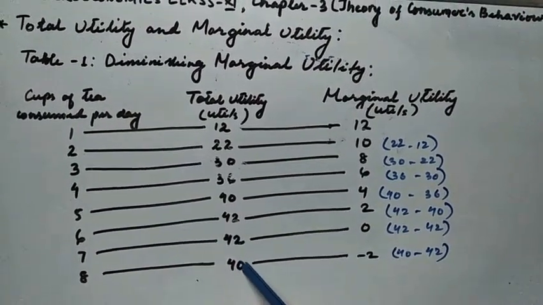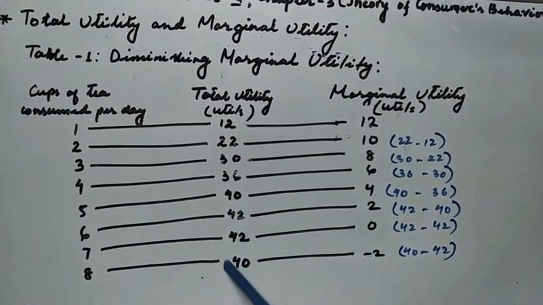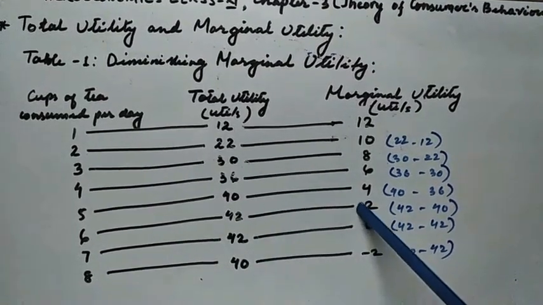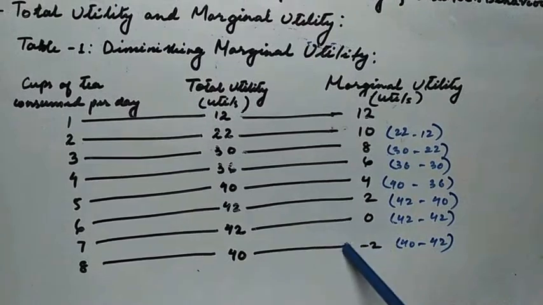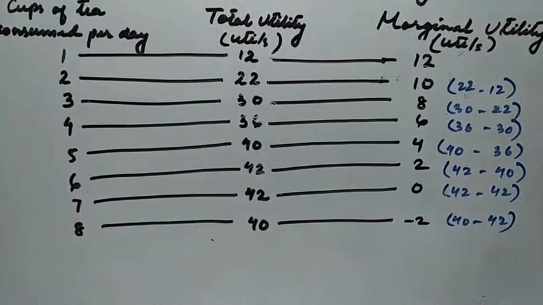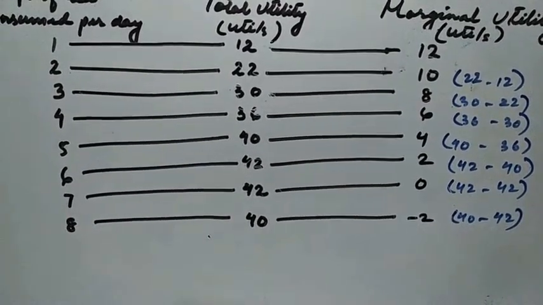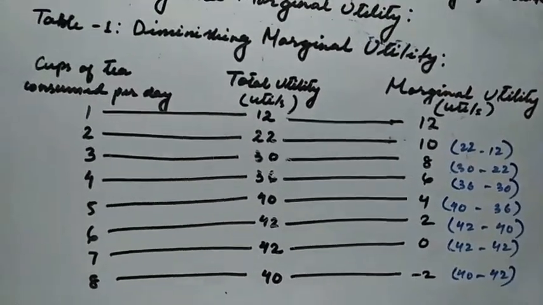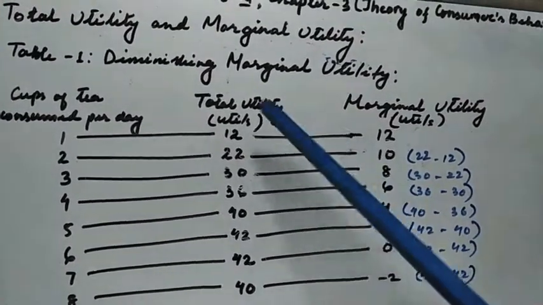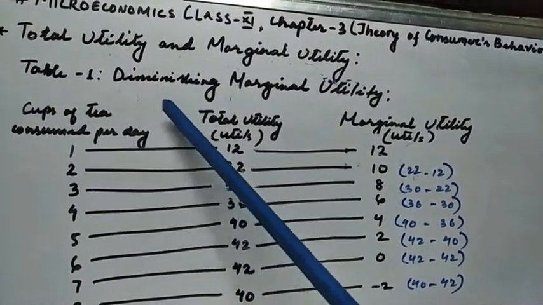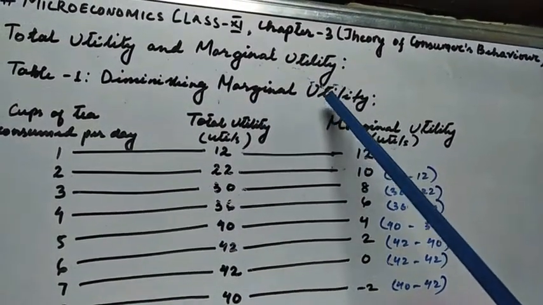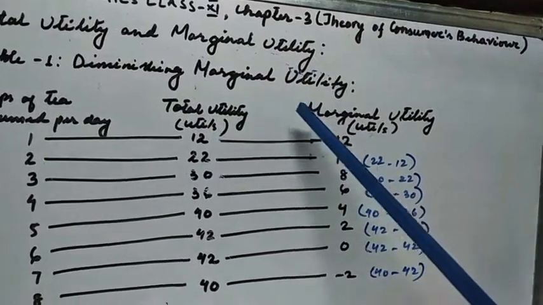When total utility declines, marginal utility also declines, and it may even go down to negative. We will use this table or the same concept when we discuss the law of diminishing marginal utility.